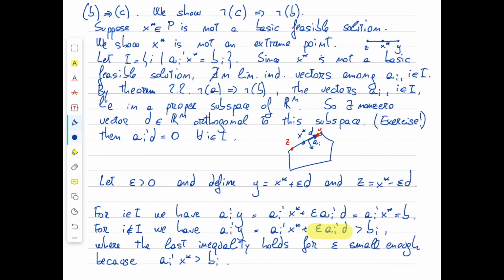I leave it as an exercise for you to figure out exactly for which values of epsilon this is true. Therefore, we have shown that Y is in P, and symmetrically you can show that Z is in P.